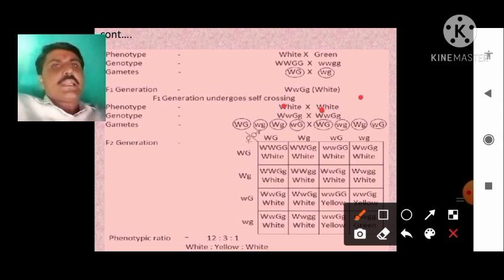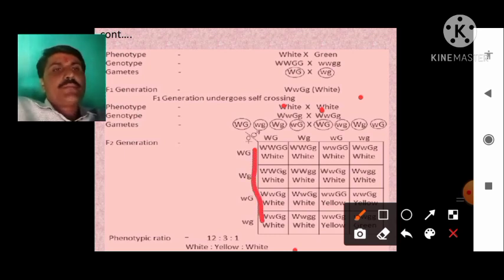There is a little difference between complementary gene action and this epistasis, dominant epistasis. See this dominant epistasis. Now what happens? We separate all these genes and put them in the Punnett square. This box is called the Punnett square.